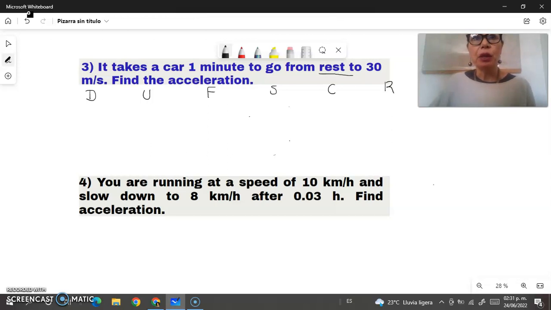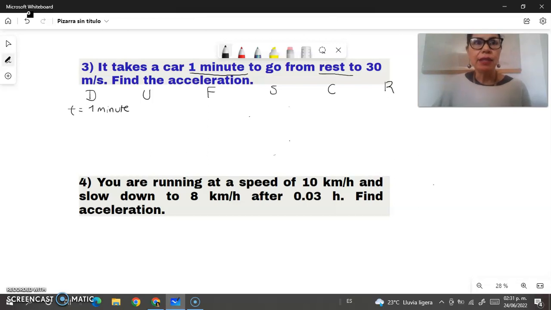Data: it takes a car 1 minute. One minute, time. The unit of measure is time. One minute to go from rest. I told you to pay attention to this word. The object, or the car, is resting.